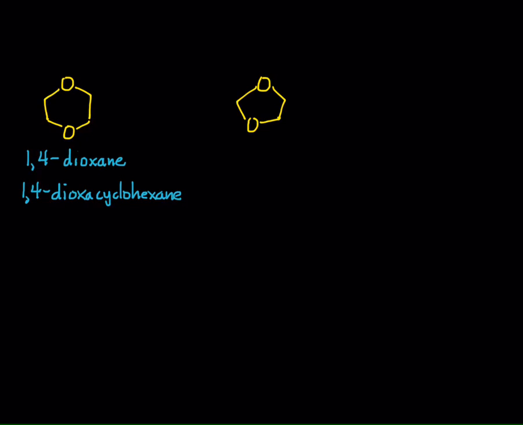This is a very common ether called 1,4-dioxane. But in terms of the IUPAC way of naming this, it would simply be 1,4-dioxacyclohexane. And I can have a structure like this where I have 2 oxygens in a cyclopentane ring. This also has a common name called 1,3-dioxolane, but in terms of IUPAC, it would be 1,3-dioxacyclopentane.